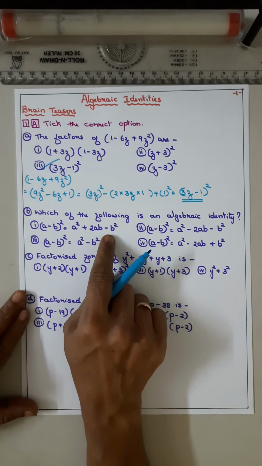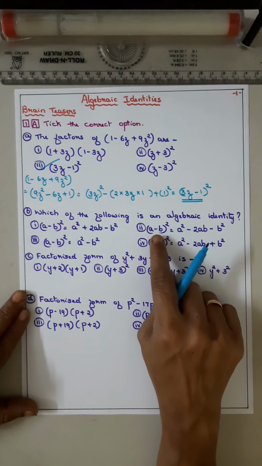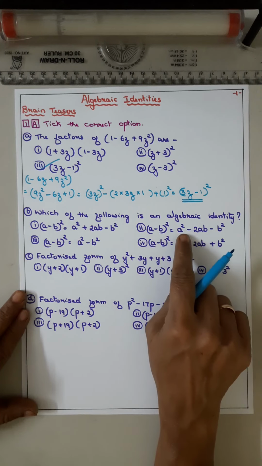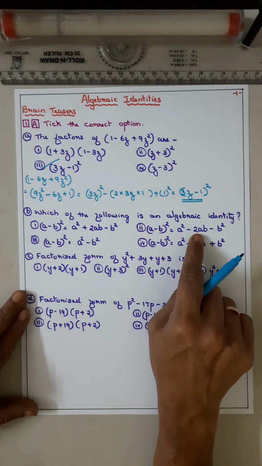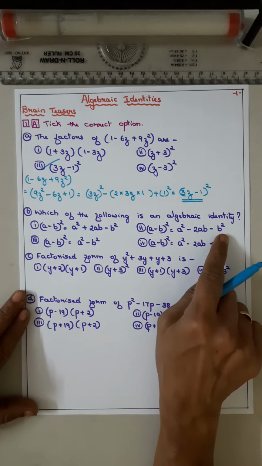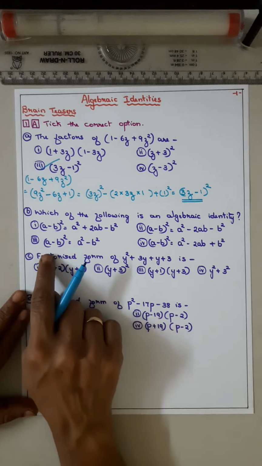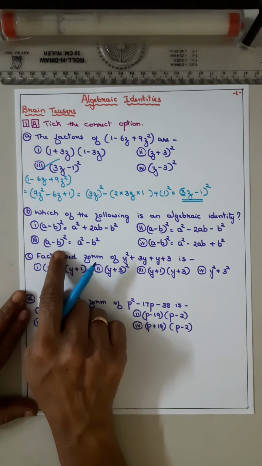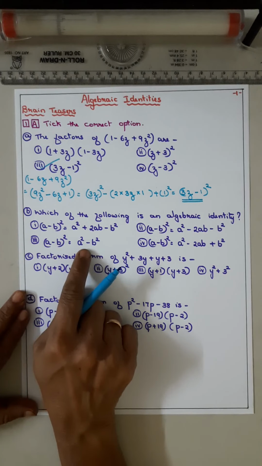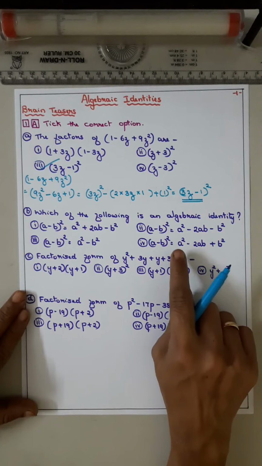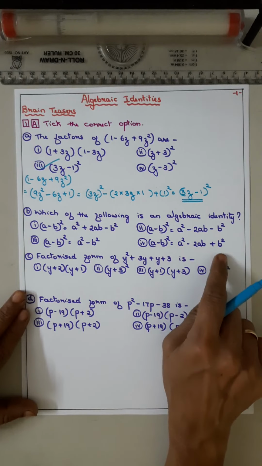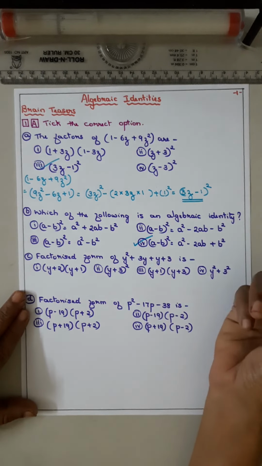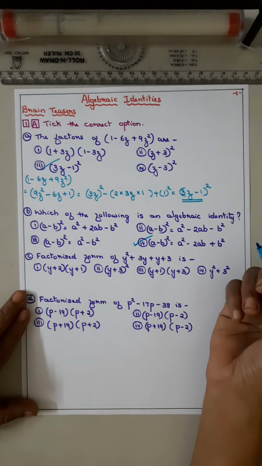So this is wrong. Now here a minus b the whole squared, a squared minus 2ab plus b squared. So again this is wrong. Now a minus b the whole squared, even this is wrong. This is correct. A squared minus 2ab plus b squared. So the option is fourth.